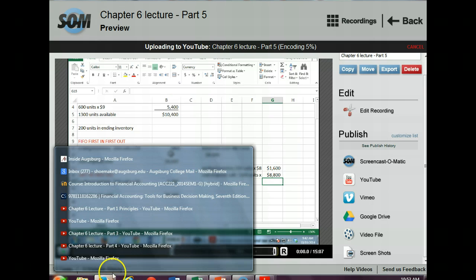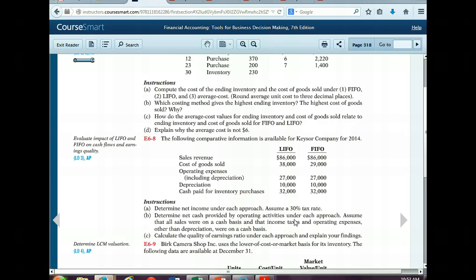Okay. Now the next portion, as we continue on with this problem, says: determine net cash provided by operating activities under each approach. Assume that all sales were on a cash basis and that income taxes and operating expenses other than depreciation were on a cash basis. So what they're wanting us to see is the cash flow statement. We have to provide the cash under each approach.